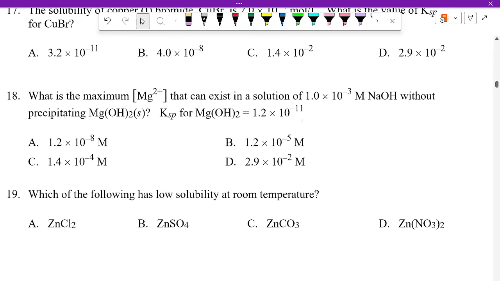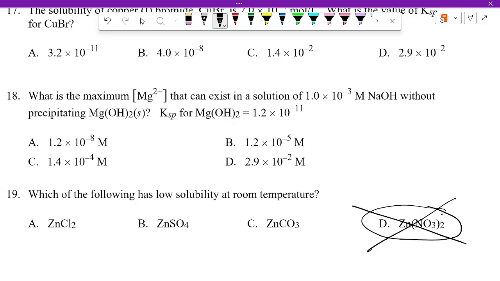Which of the following has the lowest solubility at room temperature? I know for sure it's not zinc nitrate, right? Because nitrates are always soluble. So I'm guessing that I just need to look at my table of solubilities and say which one is low solubility. I'm guessing it's carbonate because carbonate is down at the bottom of the table and the things at the bottom of the table are the most low solubility with everything.